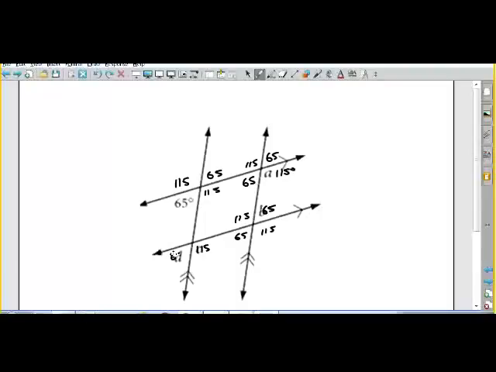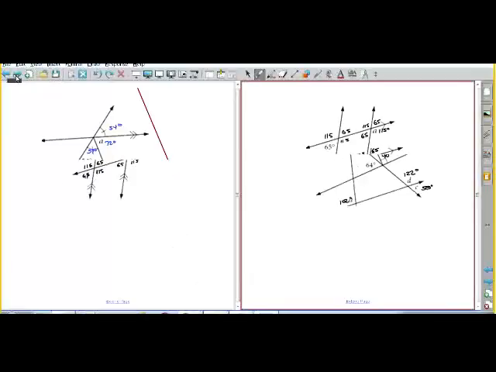This one is 65. So all the small angles are 65, all the large angles are 115. And you can see we have created a parallelogram, and the opposite angles in the parallelogram are the same in both directions.